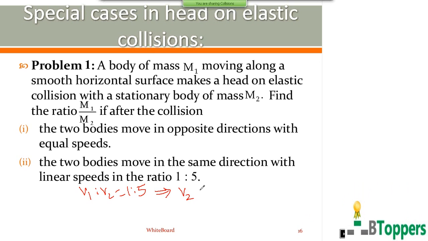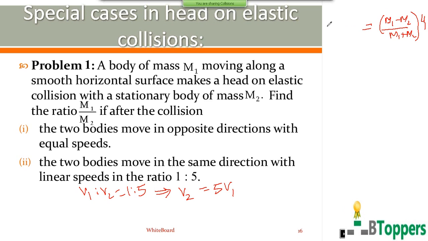Need not put any negative sign here. v2 can be taken as 5 times v1. Now we can substitute here v1 equal to the right hand side (m1 minus m2) by (m1 plus m2) into u1.